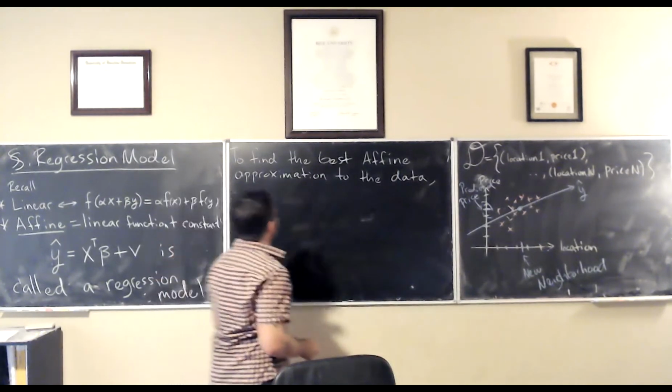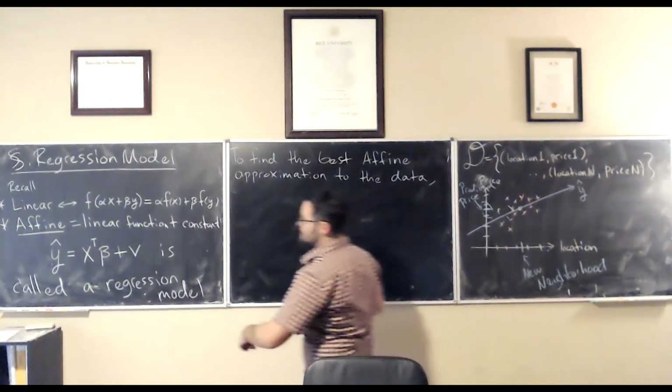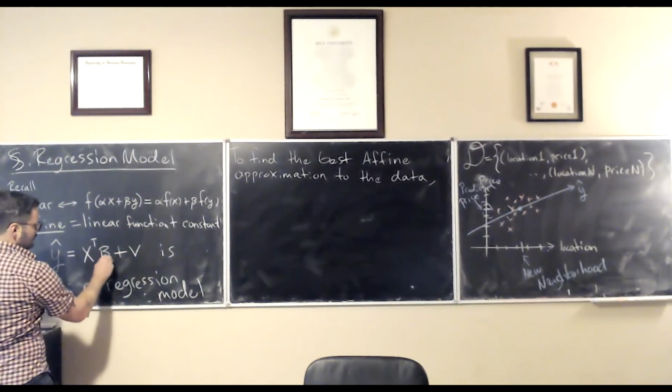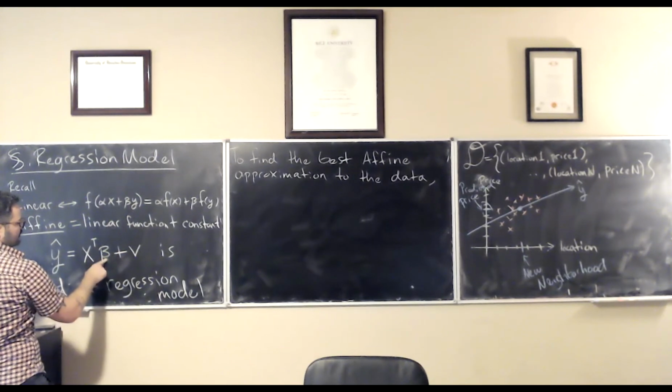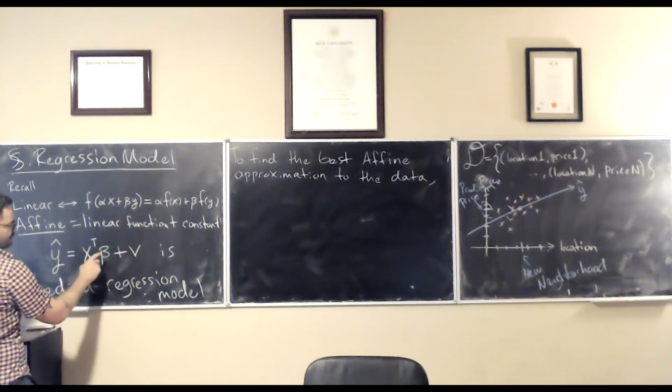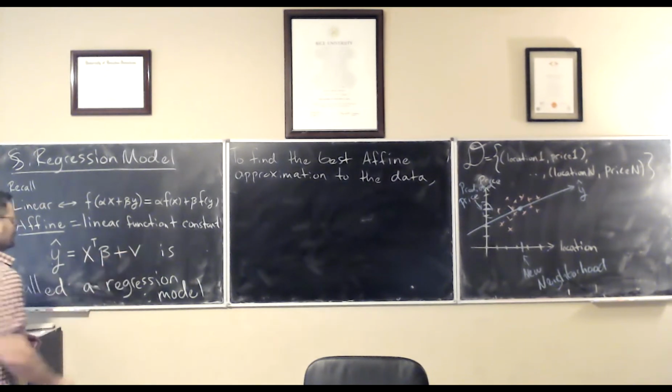So to find the best affine approximation to the data, the only things that we have access to are beta and v, right? Our coefficient vector and our scalar there. These are variables that are going to change.